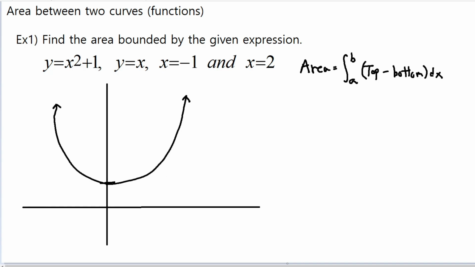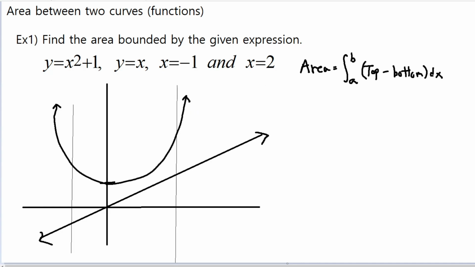Now y equals x is a straight line with a slope of 1, so roughly it looks like this. Now x equals negative 1 is roughly around here, and x equals positive 2 is roughly around here. The area that we want to find is this green region.